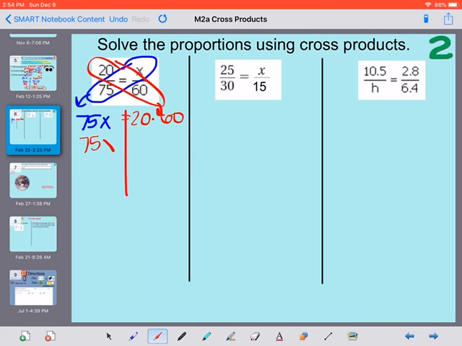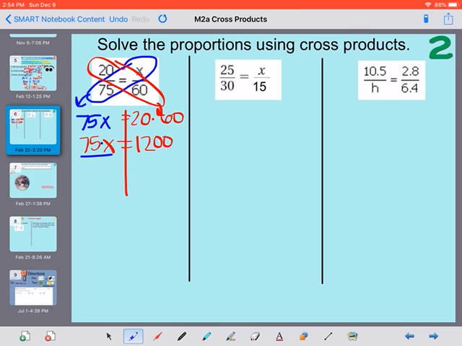So on this side we have 75 times x. 20 times 60, if you don't know that, well, 2 times 6 is 12, and you will have 2 zeros on the end. 1,200. So we just need to figure out what x is.